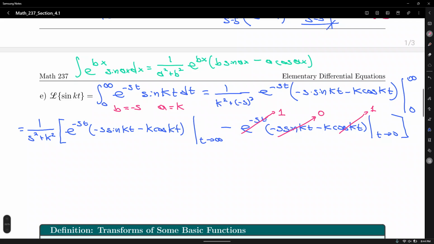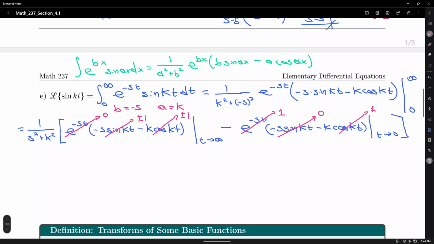Okay, what is cosine at infinity? That's actually an oscillation between plus and minus 1. What about sine at infinity? That's an oscillation as well between plus and minus 1. And lastly, where is e to the negative st at t equals infinity?